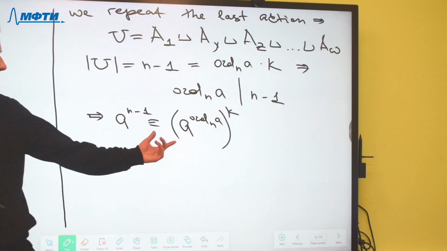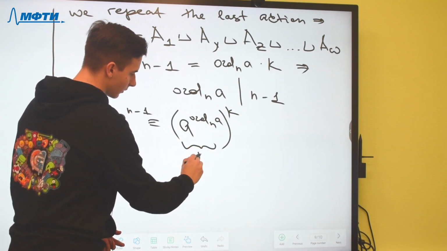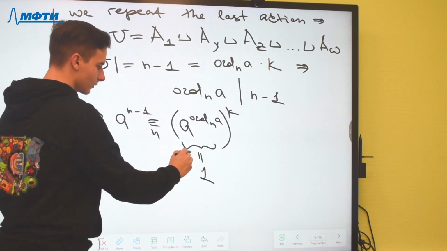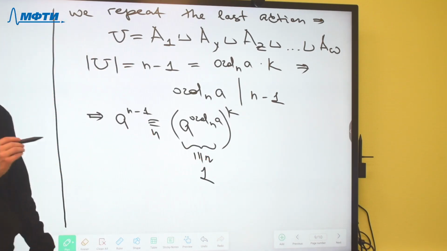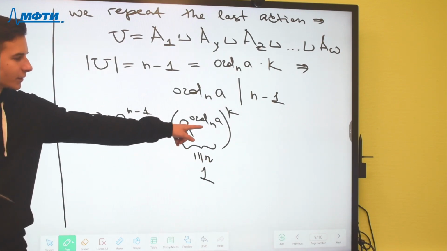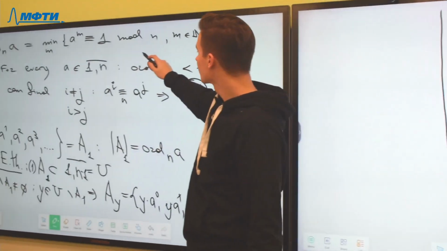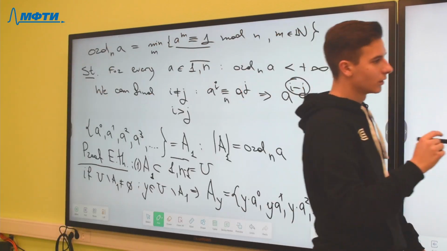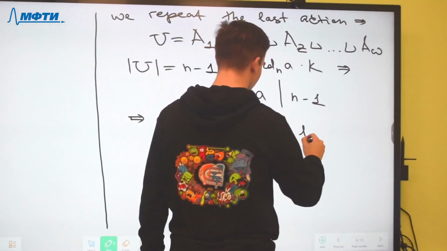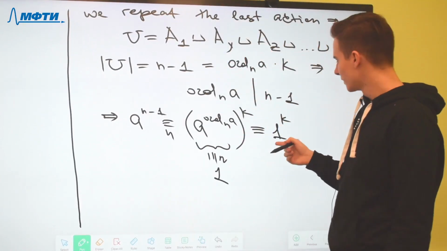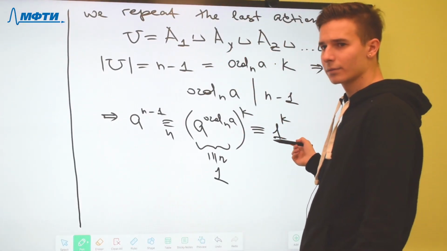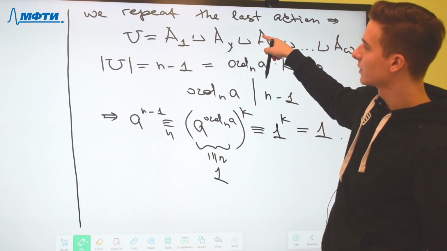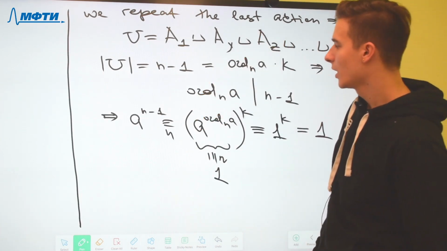It is equal to 1 modulo n, of course, because we know that the order of an element, by definition, is such an m that we have this equation. And so it is equal to 1 to the power k, and of course it is 1. It is a proof of the Fermat little theorem.